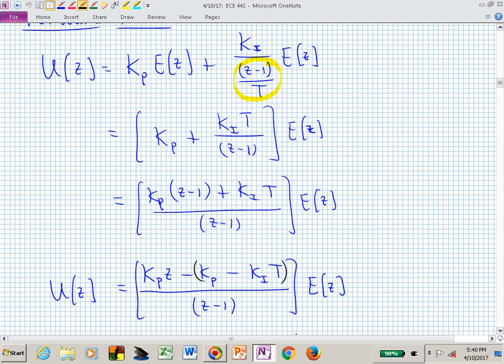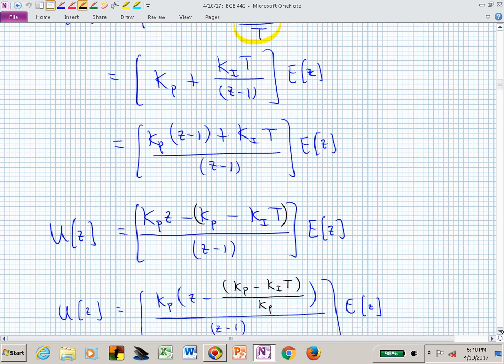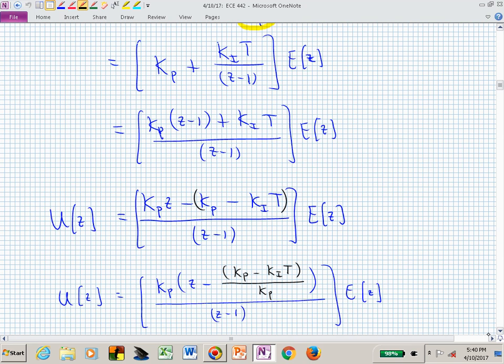And the next to the last step is I'm going to factor out a common K sub P from all of those terms so that I now have a gain K sub P scaling some factor.